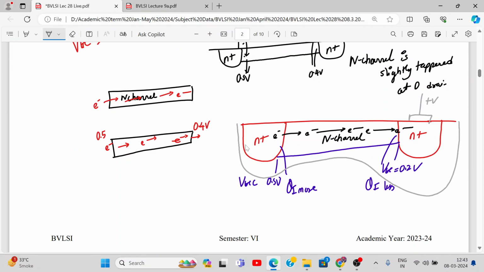because यहाँ पे क्या हो रहा है पता है, यहाँ पे we are applying positive voltage, let's say 0.3, 0.5. So we are applying positive voltage to N plus junction, and negative voltage is P silicon, right? That is 0. So this PN junction is more reverse bias than compared to this PN junction. This is P silicon substrate, ये तो constant ही है, तो इसका depletion region will remain same.